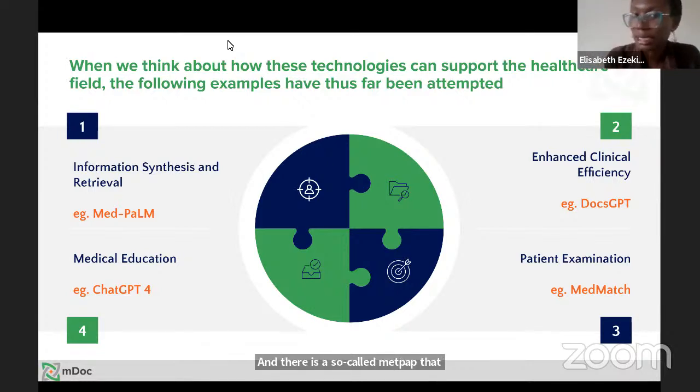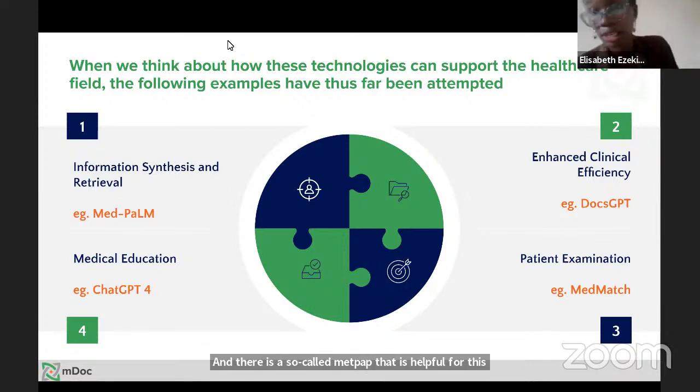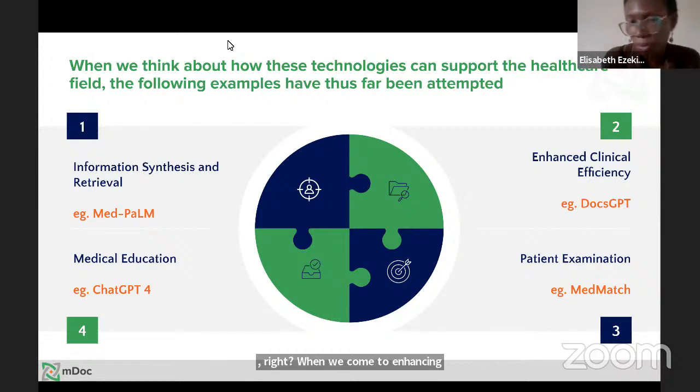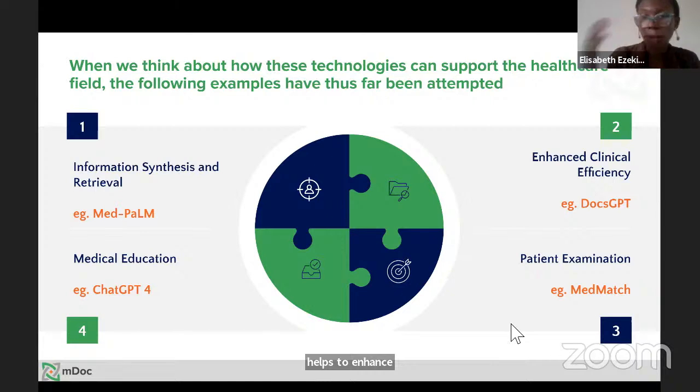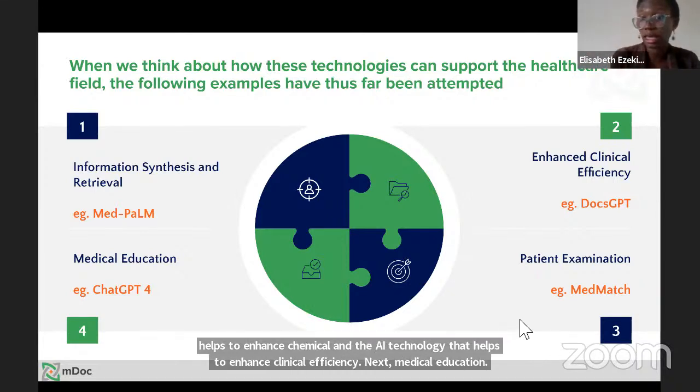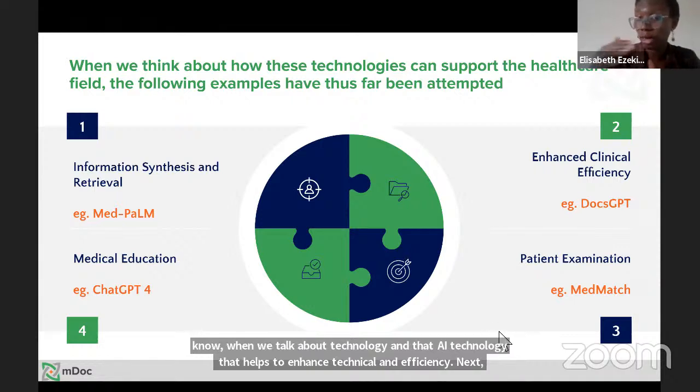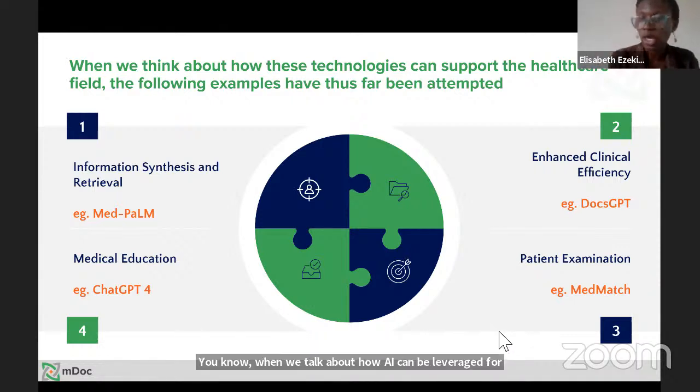When we come to enhancing clinician efficiency, we have DocsGPT. Also, another AI technology that helps to enhance clinical efficiency. Next, medical education. When we talk about how AI can be leveraged for several aspects of the healthcare delivery, institution or system, we must not forget how important AI is for healthcare worker training, almost like what we're having here in this conversation today.